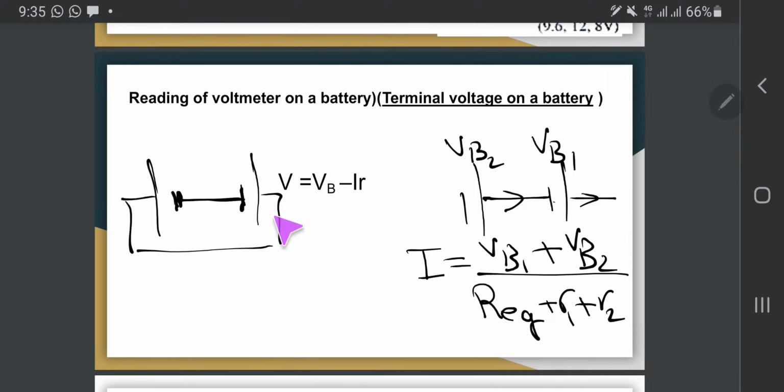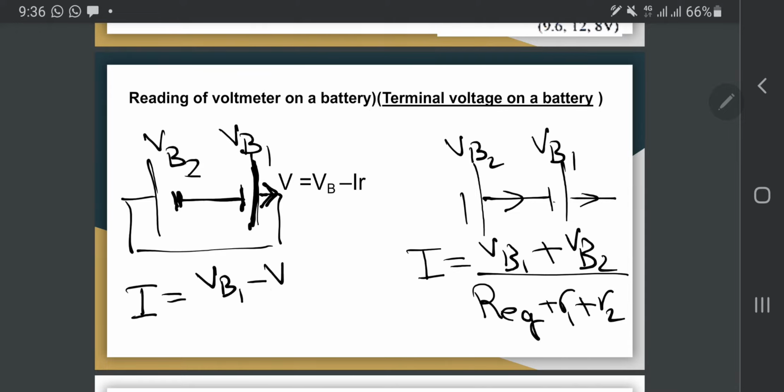I mean only one battery produces current, and the other battery is charging. The battery with the larger VB produces the current and the one with the smaller VB takes current to charge itself. VB1 is discharging and VB2 is charging.